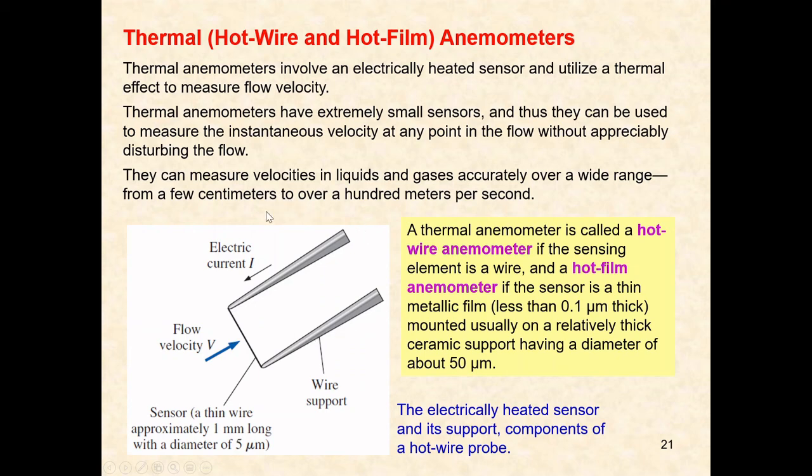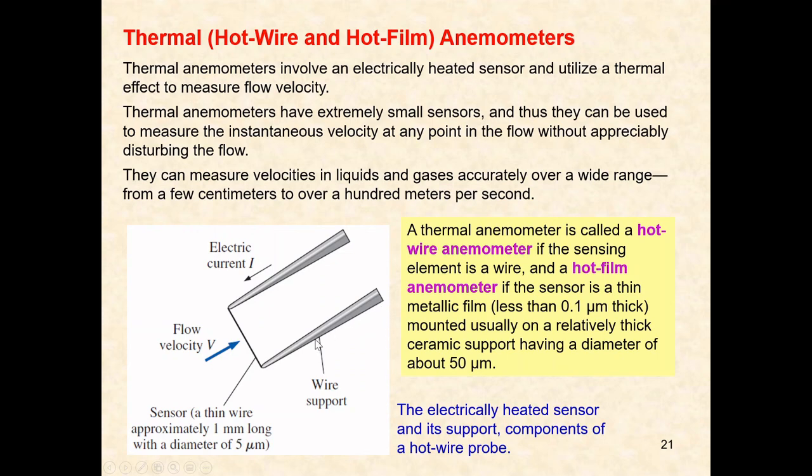So here's the diagram showing the probe of the thermal anemometer. A thermal anemometer is called a hot wire anemometer if the sensing element is a wire, and a hot film anemometer if the sensor is a thin metallic film. So this figure shows the electrically heated sensor and its support.